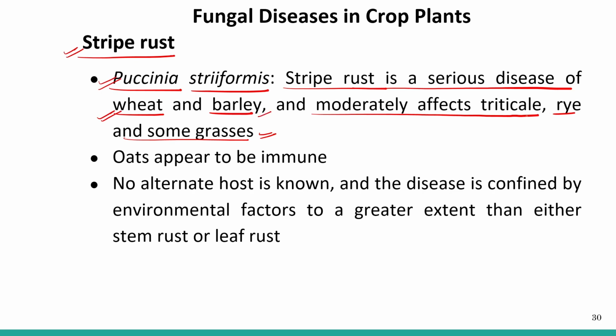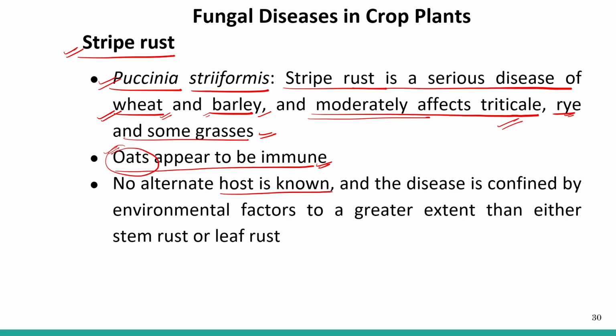But sometimes it also affects triticale, rye and some other grasses, but this is a moderate type of infection. It is not as severe as the infection that we can see in the case of wheat and barley. The oat appears to be immune. So we do not find oat infected with this Puccinia striiformis.